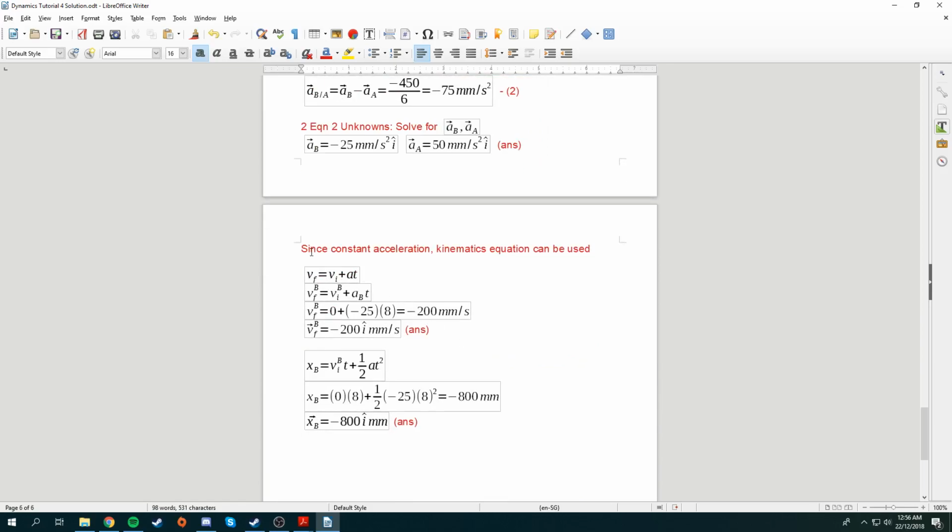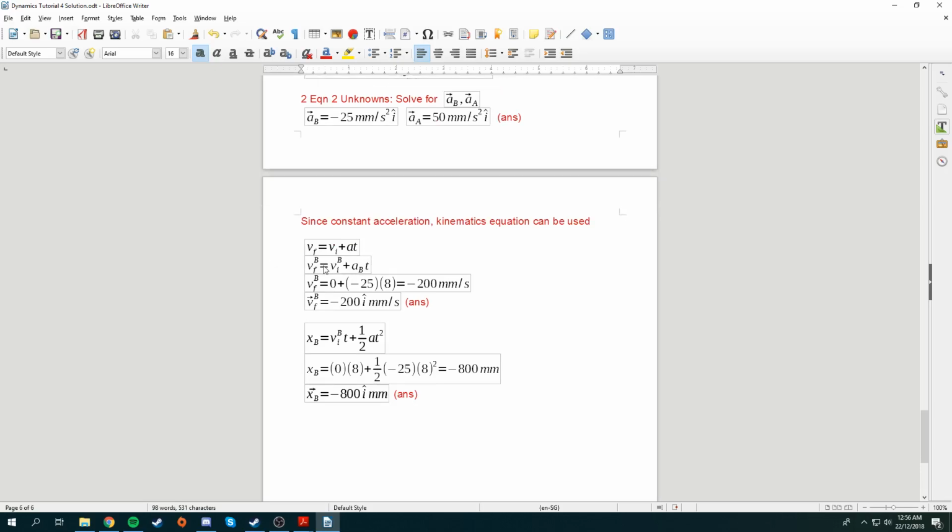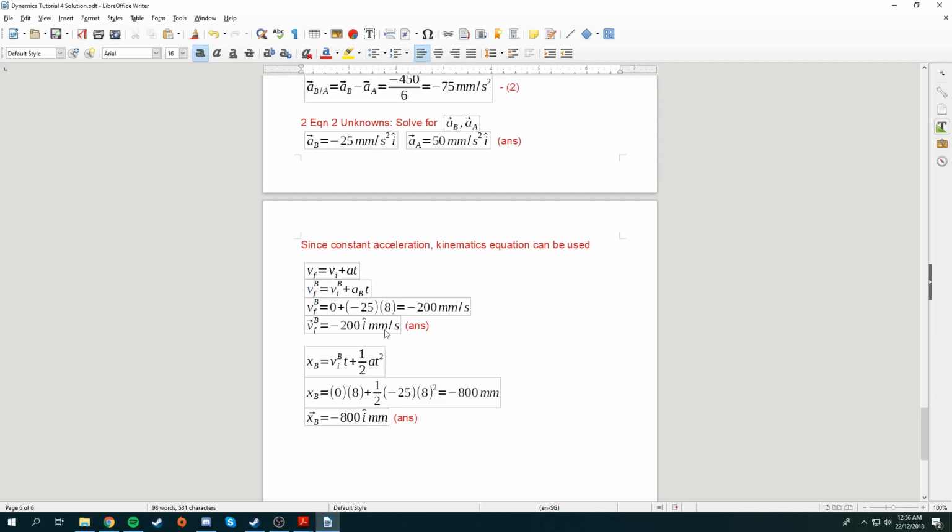Next, I know that since it's a constant acceleration, kinematics equations can be used. So the kinematics equation is Vf equals to Vi plus at. So I take reference to point B, so that's Vf of B equals to Vi of B plus acceleration of B times time. So I sub in whatever I have.